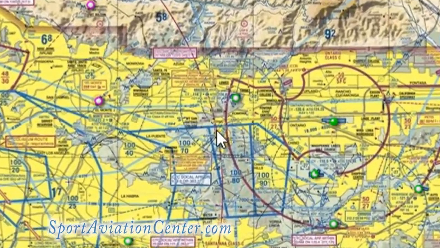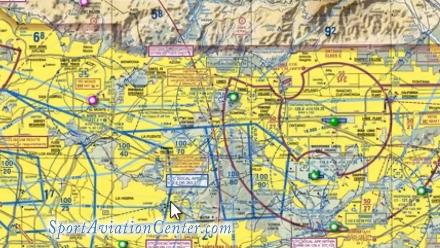We can see we've got class Bravo airspace for the LA International here. We've got class Charlie for Ontario International here. We've got class Delta here. We've got class Delta here. So it's pretty complex airspace.